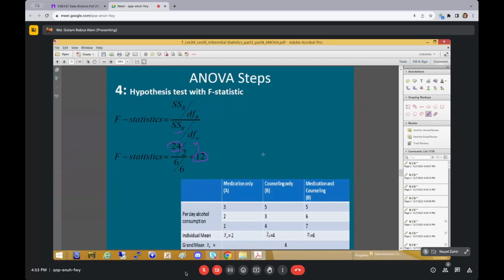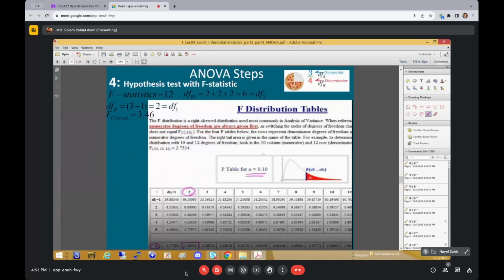Now what we have to do is find out the F tabular value. To find the F tabular value, we need the F distribution table. Here we consider the significance level 0.01. We need DF1 and DF2. DF1 is our DFB, the degrees of freedom of B: 3 minus 1 is 2.